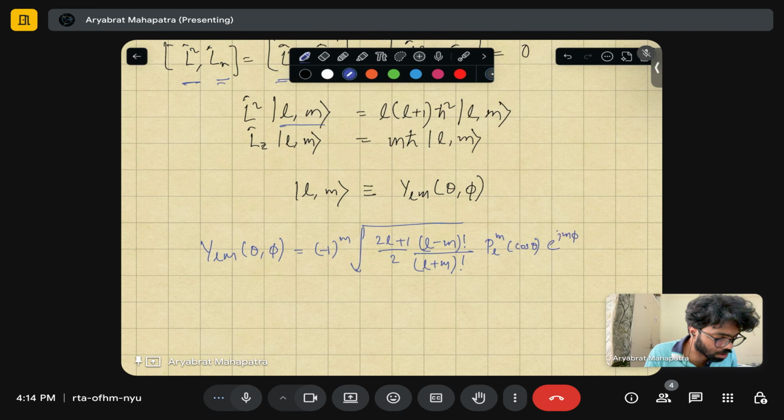So this is your complicated looking expression, but this is only for m greater than or equal to 0.